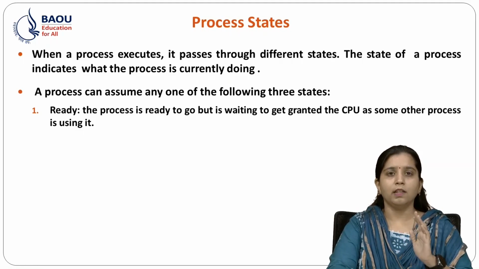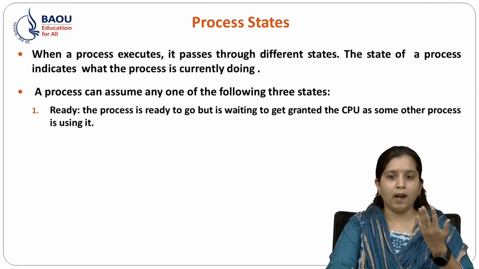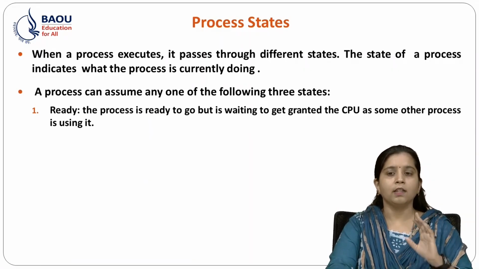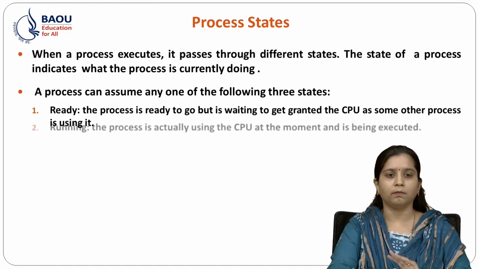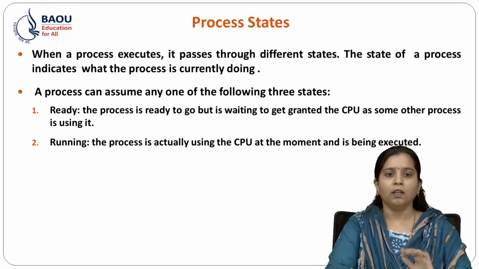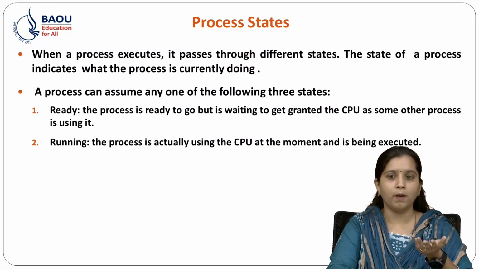The process is in the ready state, but it is waiting to be granted the CPU as some other process is using it. Running. The process is actually using the CPU at this moment and is being executed.